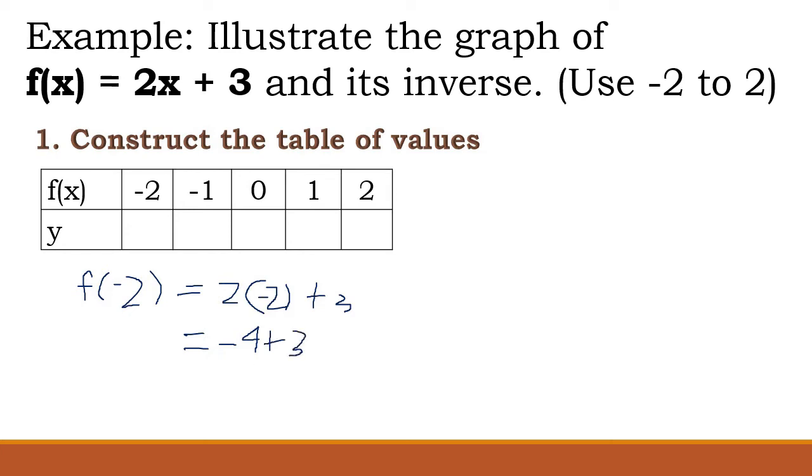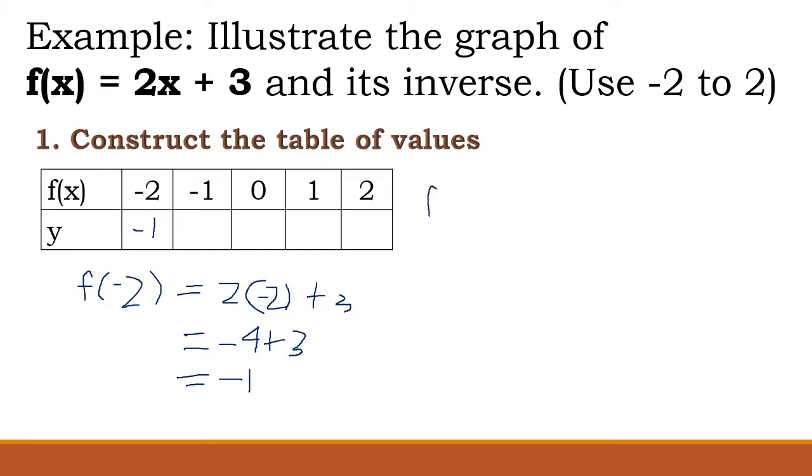So -4 plus 3 is equal to -1. Therefore, y is -1 at x is -2.